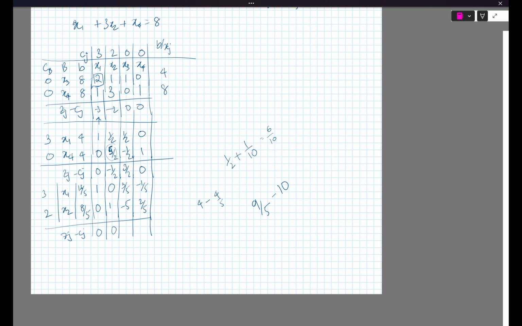What did I do here? I was not following the calculations. So I had to do this and divide by 2 by 5. So I got 8 by 5, 0, 1. If I divide this by 2 by 5, I should get minus 1 by 5, no? Yeah, that's the mistake.